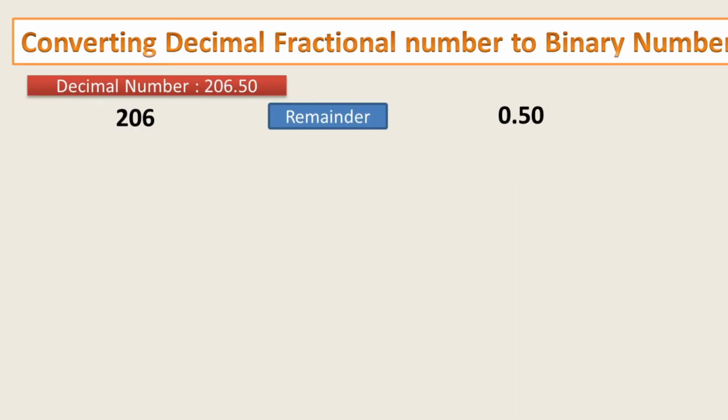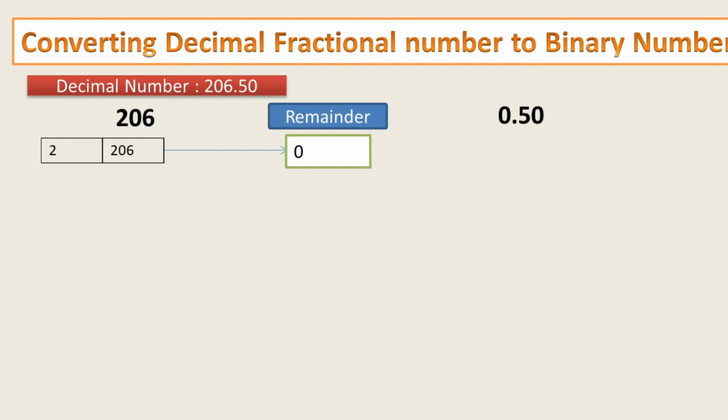If the decimal number contains a fraction, then what will we do? This is an example of a decimal number with a fraction. First we follow the procedure for the number without the fraction. So here, 206.50.